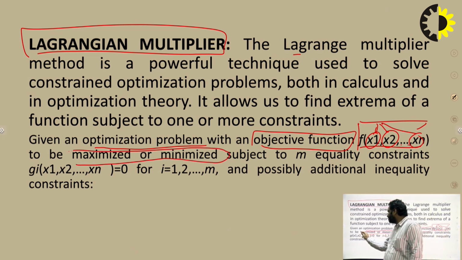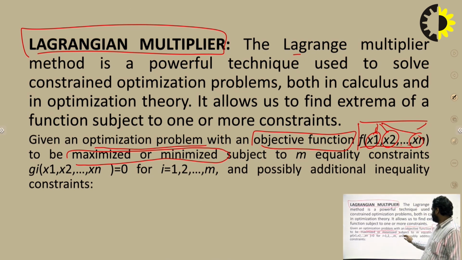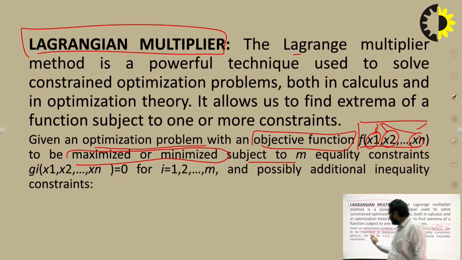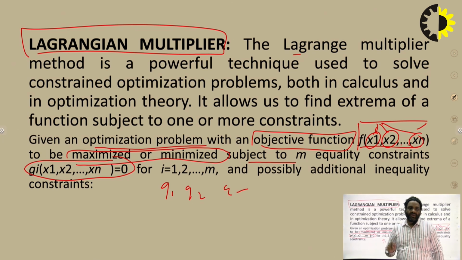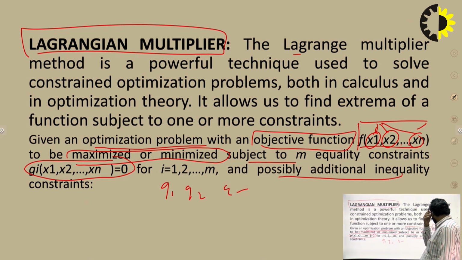So we are going to optimize the given function subject to m equality constraints. So we are given a number of constraints just like this one, gi. So we can say g1, g2, g3 up to gm. So we may have m constraints, possibly in addition inequality constraints. So in this particular problem we have a number of constraints.